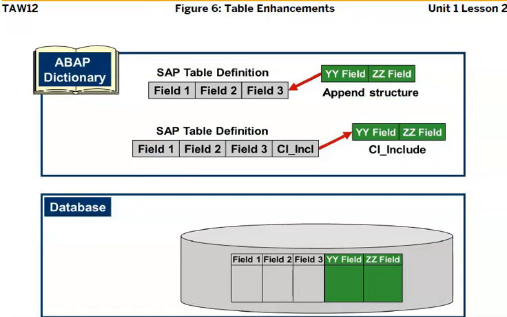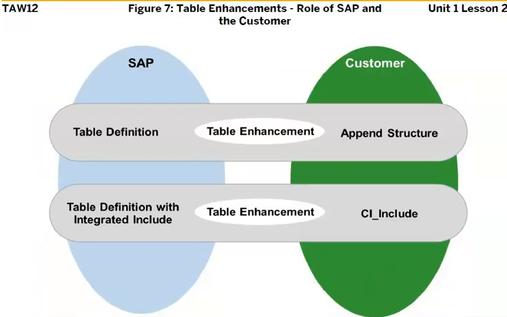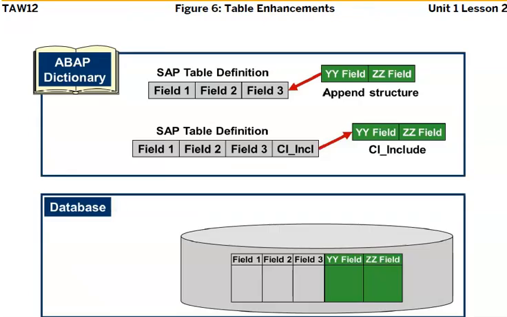These are the table enhancements. So if you want to add some new fields to the database tables, then we need to go ahead and add them through append structure or CI include, include tables, include fields.